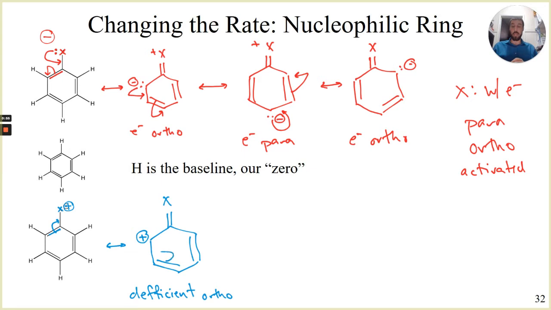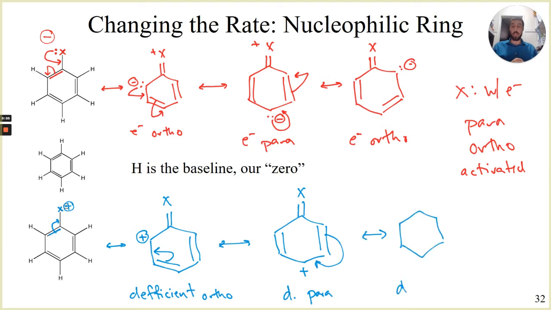If we continue to move around the ring with our resonance, we'll note that that positive charge now shuttles around the ring. And we end up seeing deficient at the para position. And if we continue, we'll see deficient back at the ortho position again.